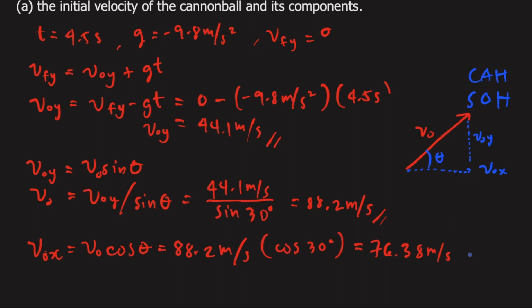So we now have this v naught x, and the v naught, or the initial velocity, and this is the y component of the initial velocity.